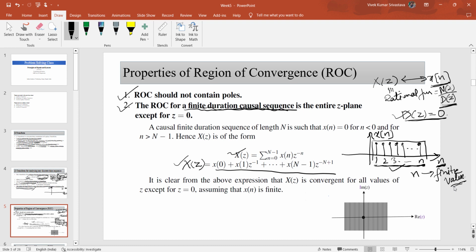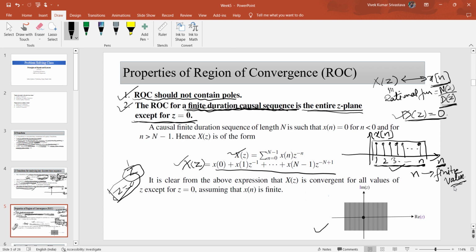You will see that the z transform of this signal contains the term 1 over z, meaning it has a pole at z equals 0. We know from property 1 that the ROC should not contain any pole, so the ROC will be the entire z plane except z equals 0, because a pole exists at z equals 0. That is why this property states that for a finite duration causal sequence the ROC is the entire z plane except z equals 0.